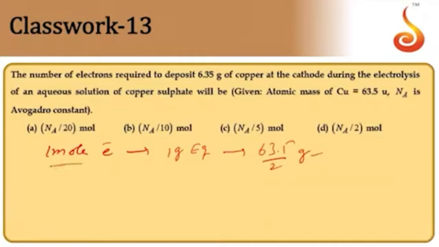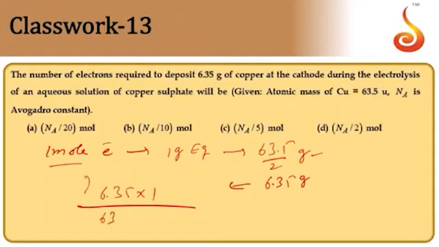Therefore, 6.35 grams requires how many moles of electrons? So cross multiplying 6.35 into 1 by 63.5 by 2, that goes to top. So 0.2 moles you are getting. 0.2 will be 1 by 5.